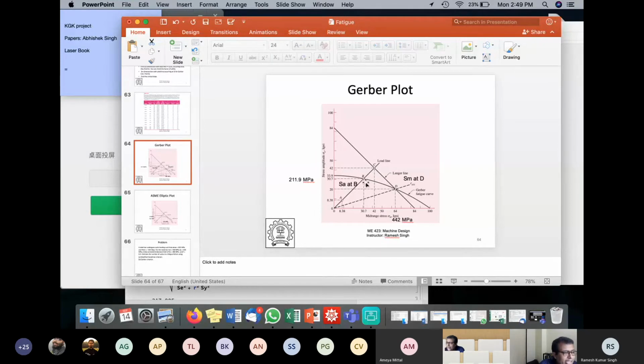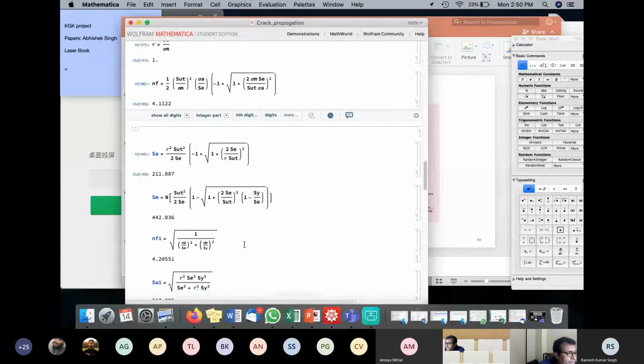This point is what we have found out. SA is at B. So this SA is the intersection between the load line and the Gerber line, right?